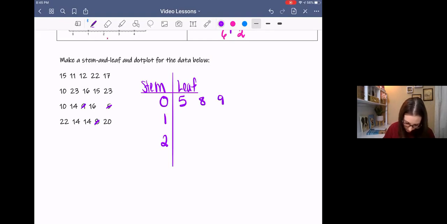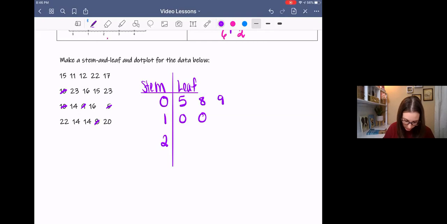Are there any other 1 digits? No? Okay. And then you'll look at your 10s. There's a 10, a 10. Sometimes it helps to put these in order first, but I like this method, so I'm going with it.